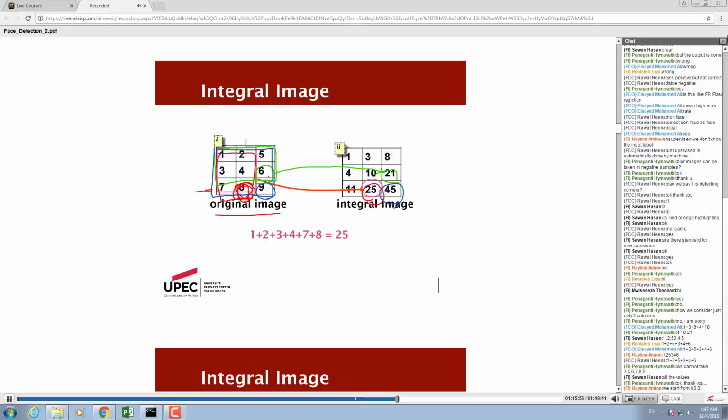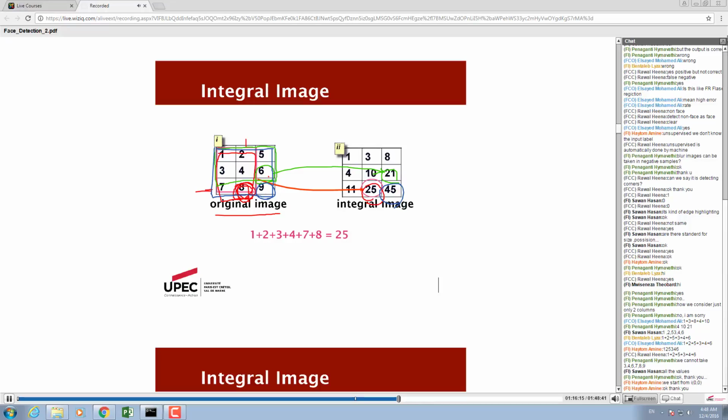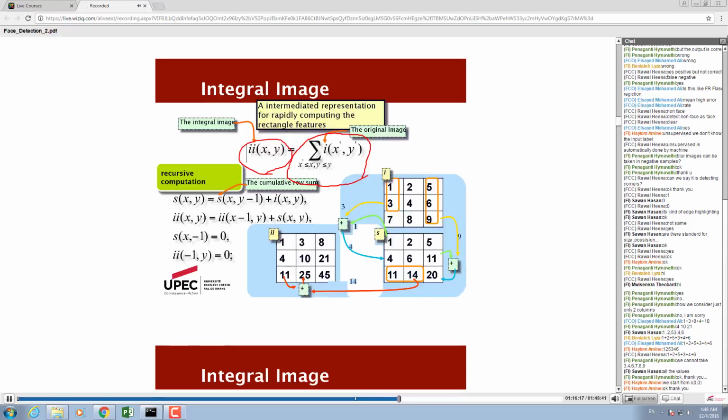Again, this integral is calculated based on the original image. We are not summing from the integral image. We are always starting from 0, 0 for any position.